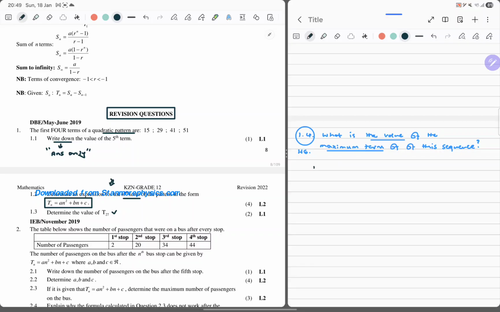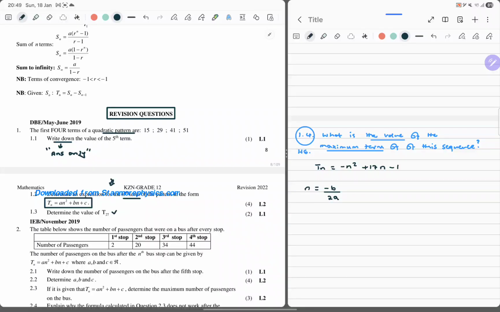We know that we need the position first. So we know that t sub n is minus n squared plus 17n minus 1. Now we know that n here is going to be minus b over 2a.